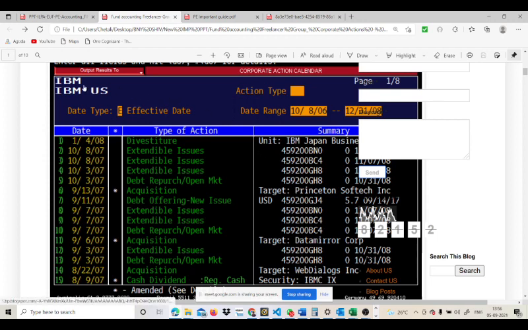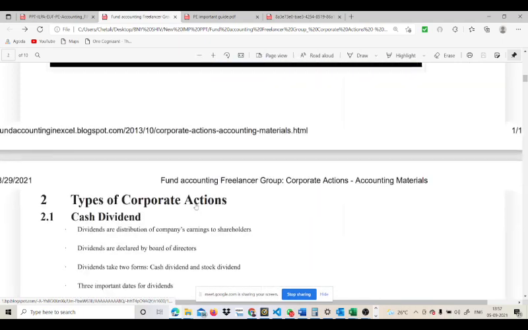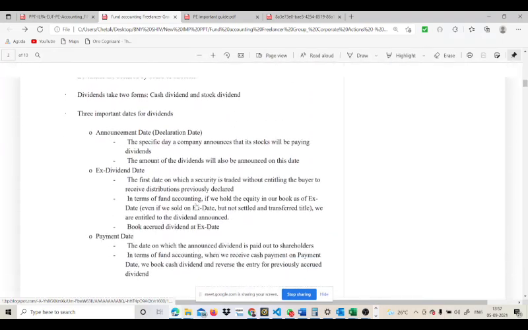So this is for IBM, listed in the US, and here you can see the corporate action calendar. Once you go on Bloomberg, you can search this information. Their information is like divestitures, extendable issues, acquisitions, and all. But this particular slide is not important from a corporate action perspective; others are, like cash dividend.